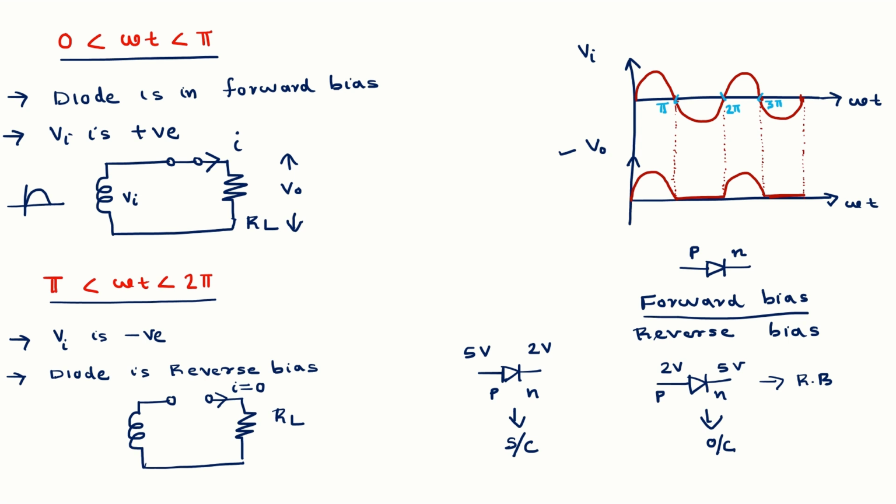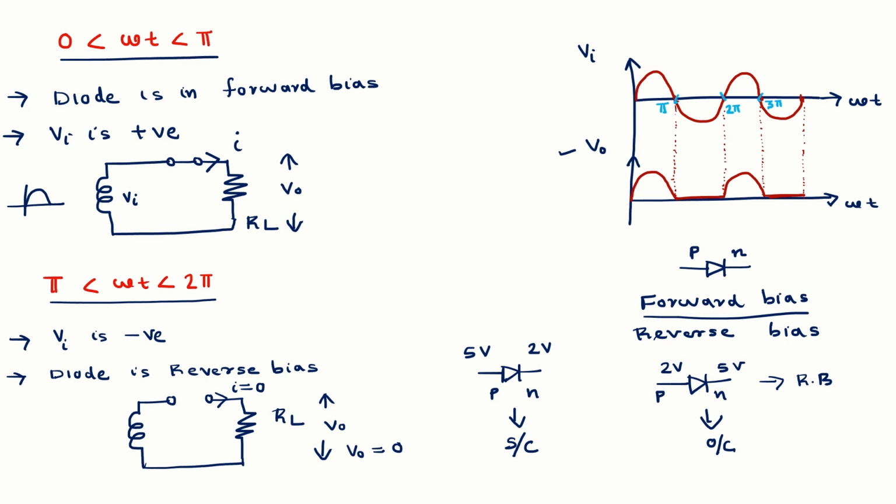There is no current flowing, so there is no voltage developed across the load resistor RL. So I can say V naught is 0, because no current is flowing through the load resistor RL.